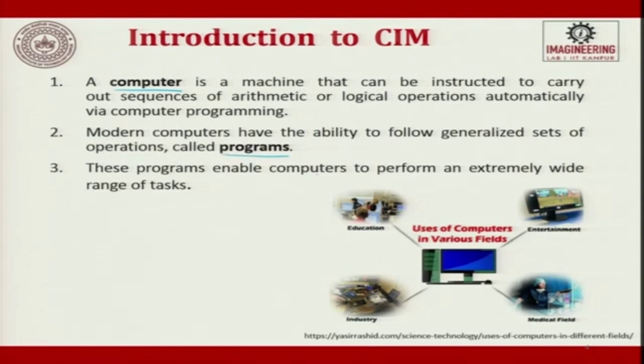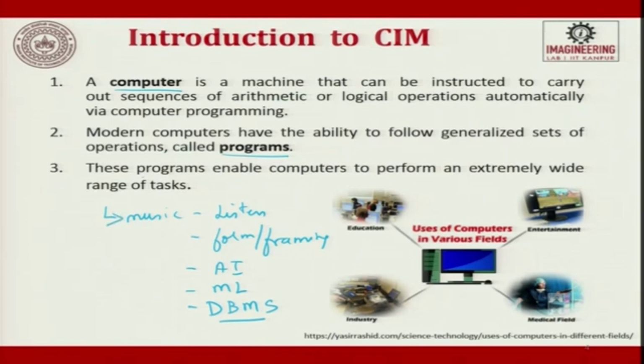These programs can enable computers to perform an extremely wide range of tasks, right from listening to music, composing music, artificial intelligence, program writing, machine learning, database management systems, all these things are possible today by different programs, but done on a single machine called computer. So, that is the beauty of computer, and computer is the first word in the CIMS.